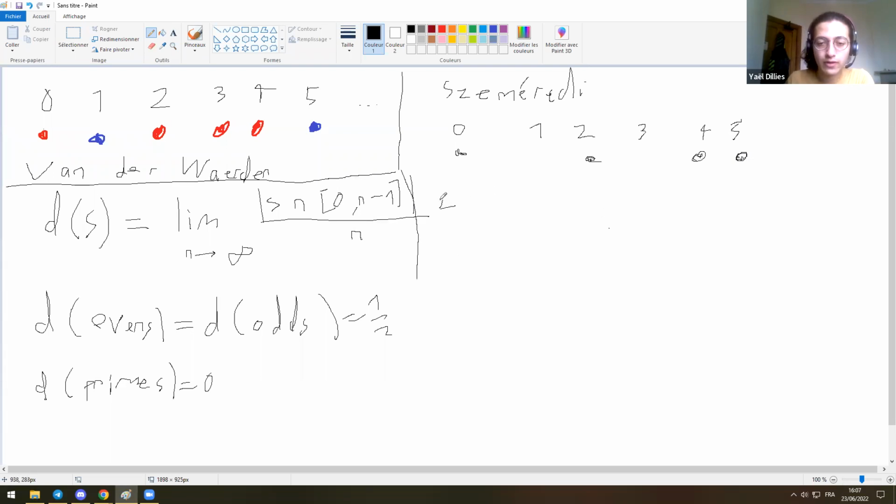So now if the density of S is greater than 0, then for all k, we can find an arithmetic progression of length k within S.